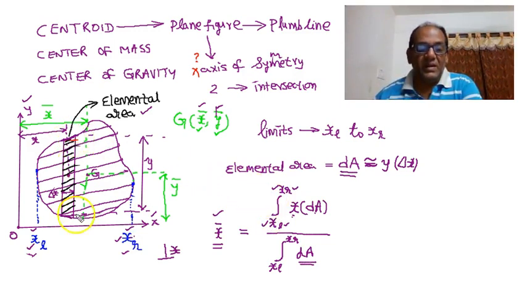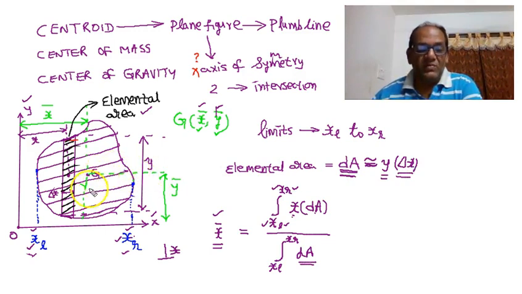Then we consider an elemental area, the center of which is at a distance of x, whose height is y, and we do the integration, integral x dA by integral dA, to compute the x coordinate. While doing that, we assume that this elemental area is rectangular. We ignore the curvature of the end sides, and we write that the area is y dx.